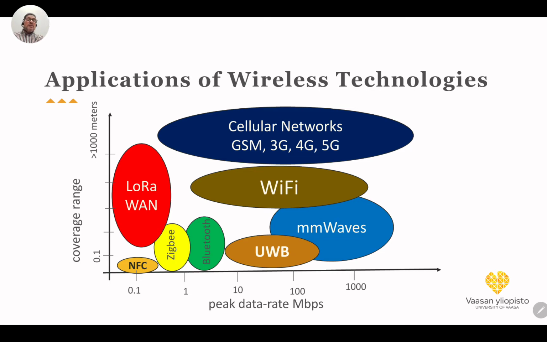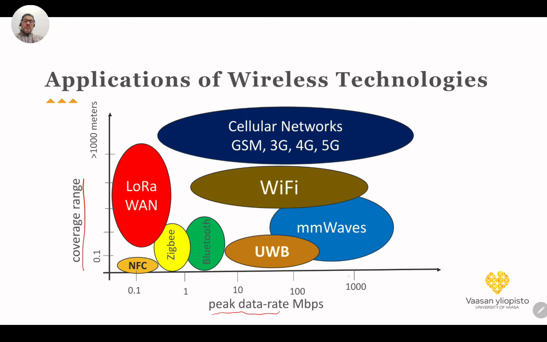You can see here in this figure that we have several standards, and we put here the peak data rate that you can achieve, and here the coverage range or coverage area. So you can see different applications. It depends on your own application, which one fits well.